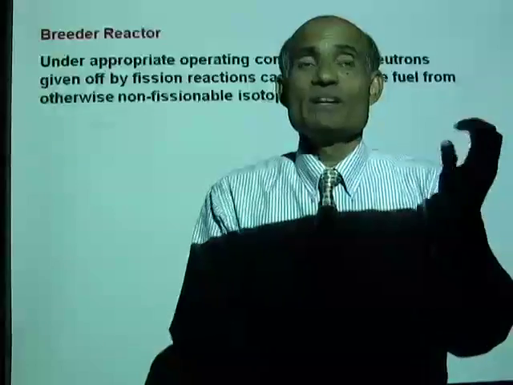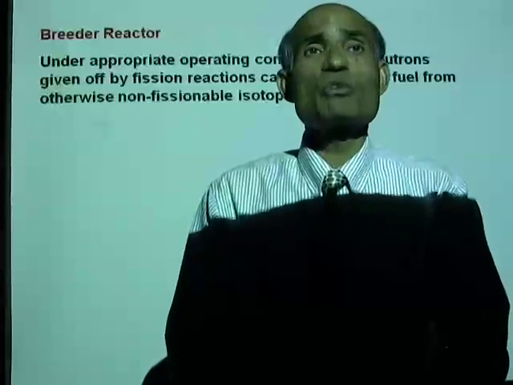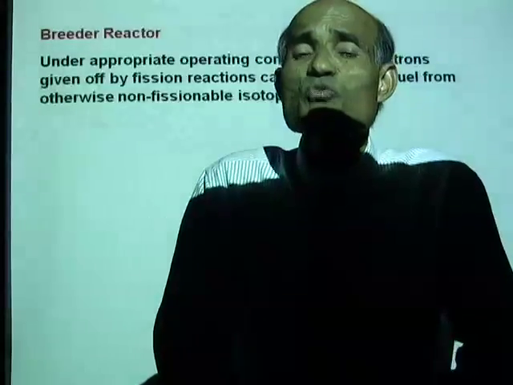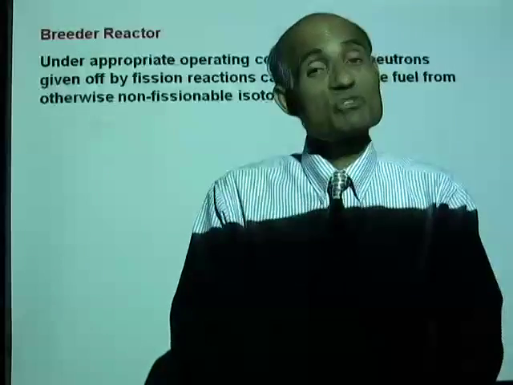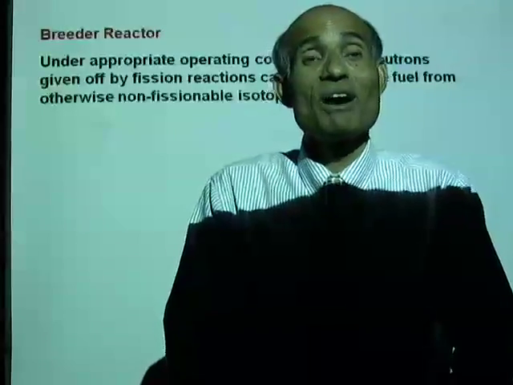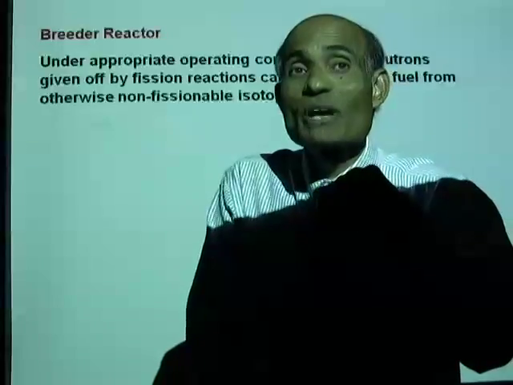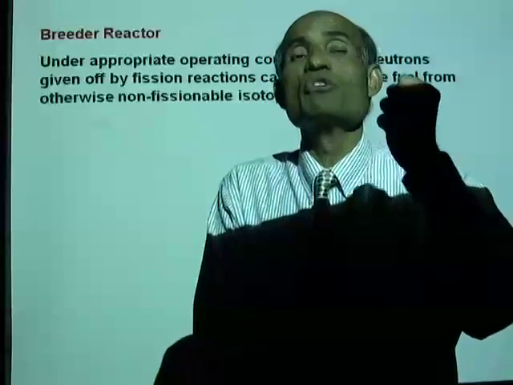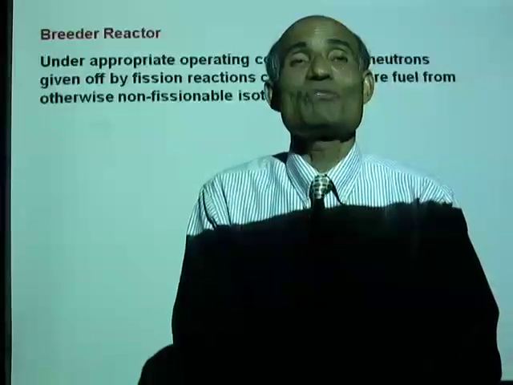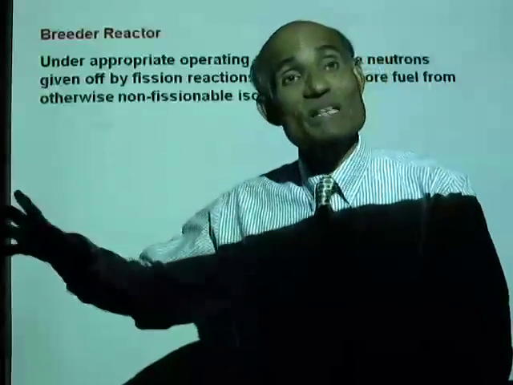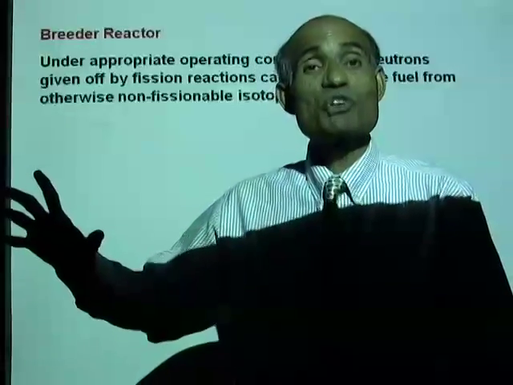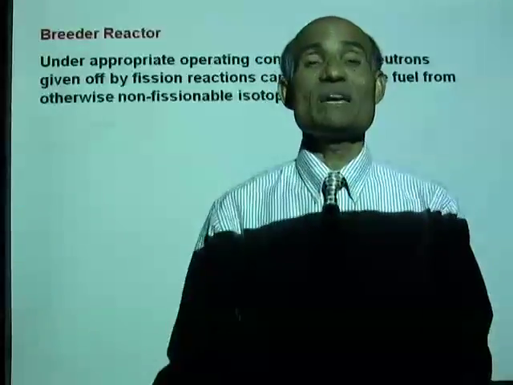That means if naturally occurring uranium contains, say, 0.1% of the fissionable material uranium-235, enriched uranium will contain about 15% of uranium-235. The rest are all non-fissionable uranium-238.